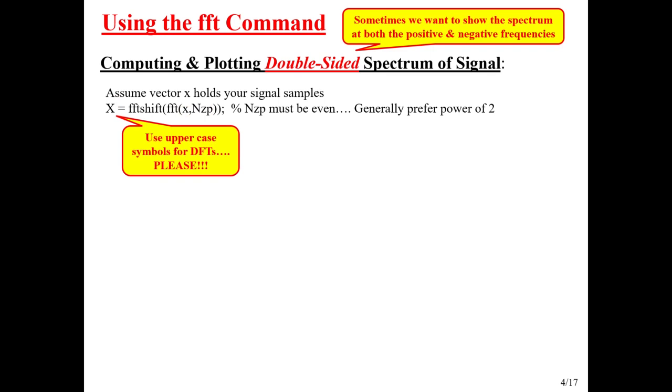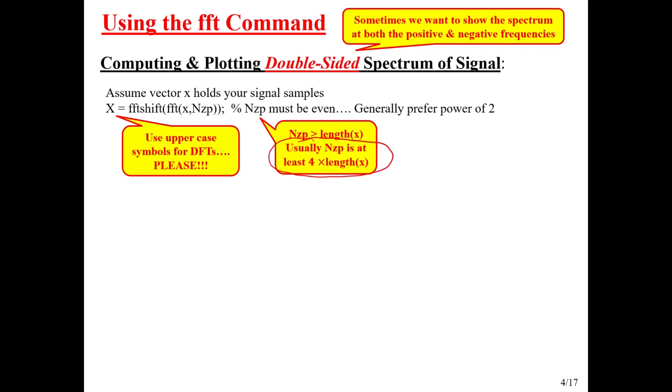So notice that I use lowercase here and uppercase here. That just helps me and you keep track of what you're doing in your code. Okay, so here's where I tell you that NZP, in order to actually do zero padding, must be greater than the number of elements in X. There's a command that you can run to find out how many elements there are in X. And then this is just my general rule of thumb.